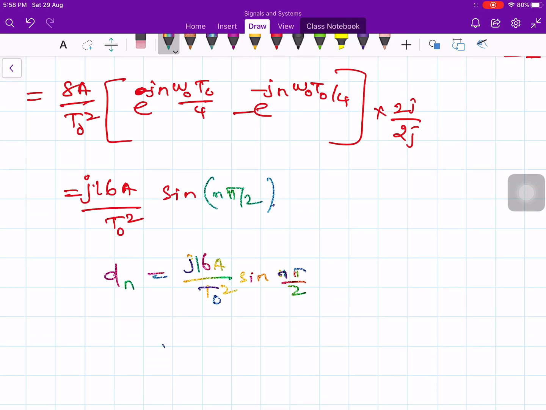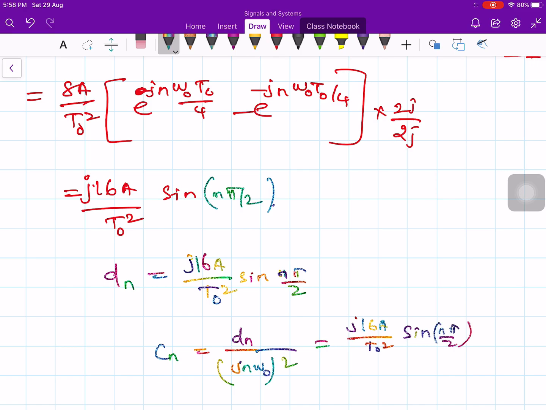Then Cn is equal to, we know the relation between Cn and dn, right? Dn divided by j n omega naught the whole squared. So what is dn? Dn is j times 16a divided by t naught square, sine of n pi by 2.